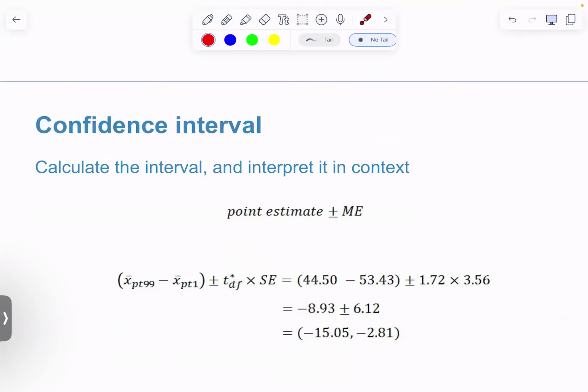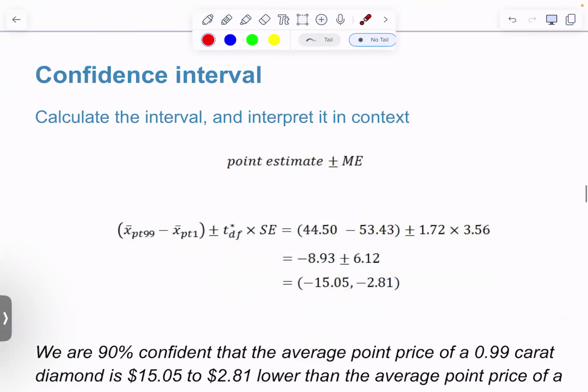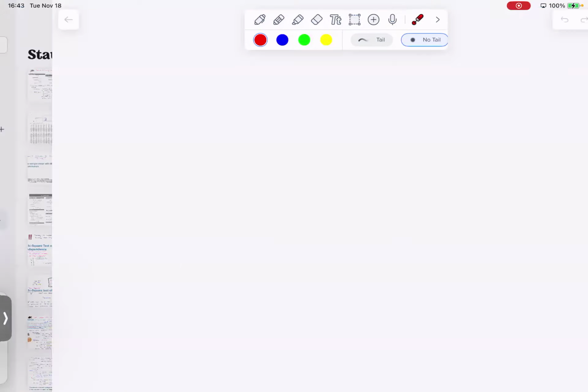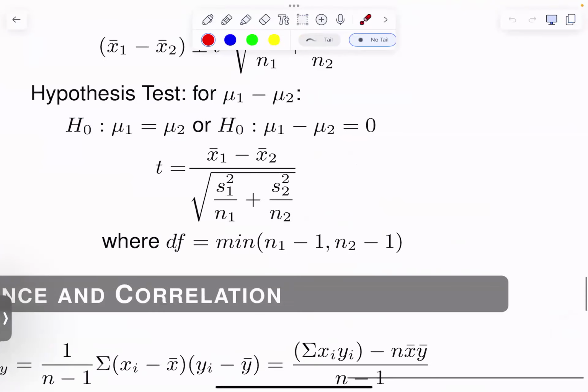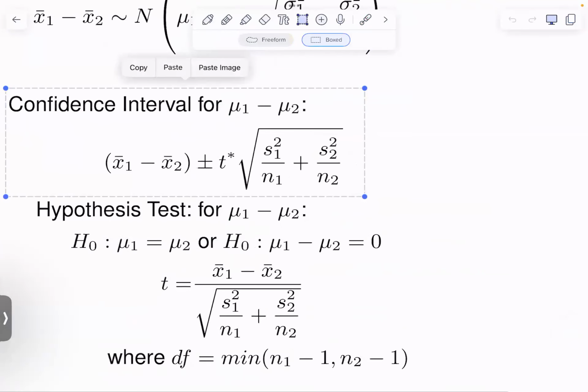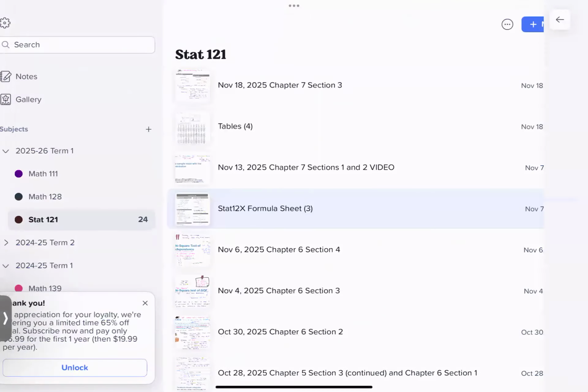Because I'm running out of time, you can build the confidence interval, but I'll just use what they've done here, right? Our confidence interval from our formula sheet is this guy here.